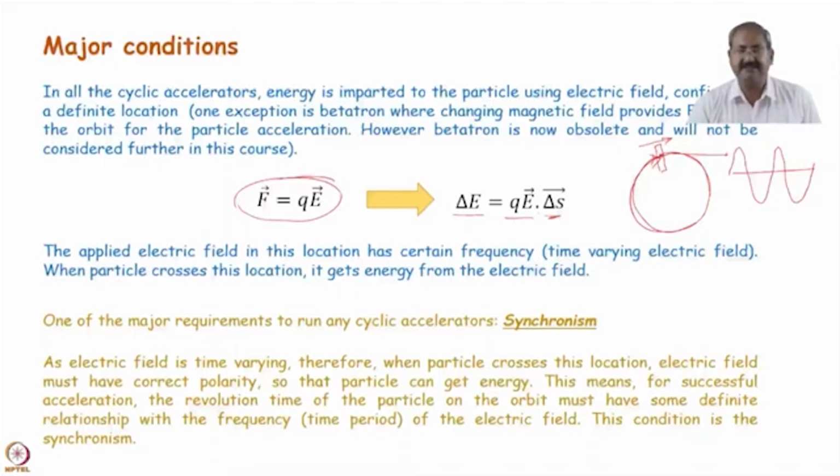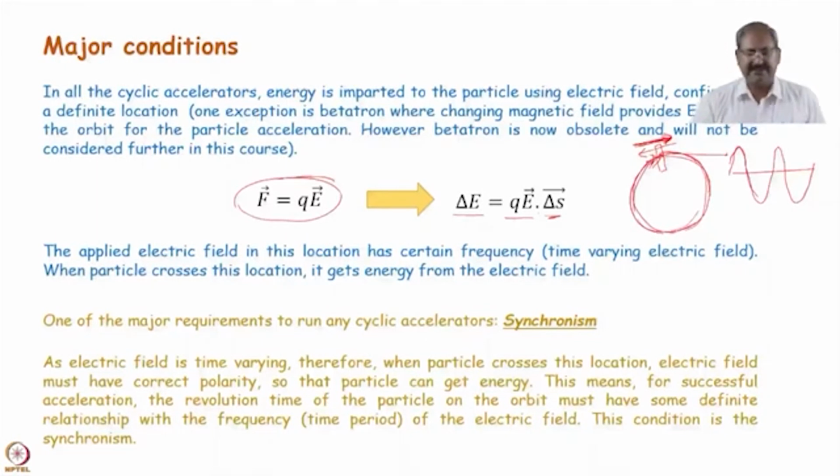Because this is a time varying field, after some time the field in the cavity will be in the opposite direction. So the particle should travel only at that moment, or in that duration of the RF field, when the direction is correct for acceleration. This means the travel time should have a certain relationship with the time period of the applied RF.